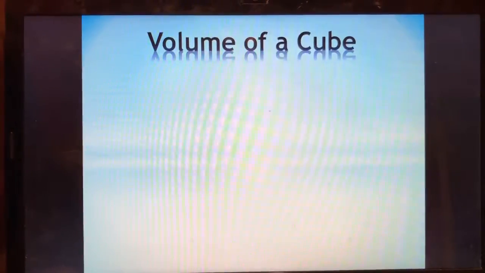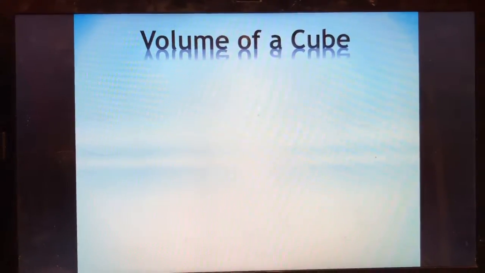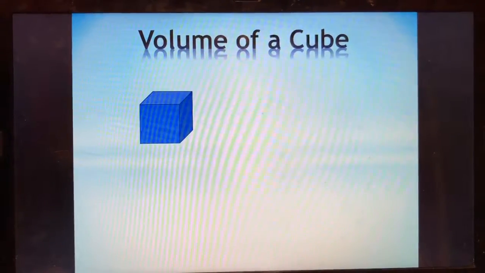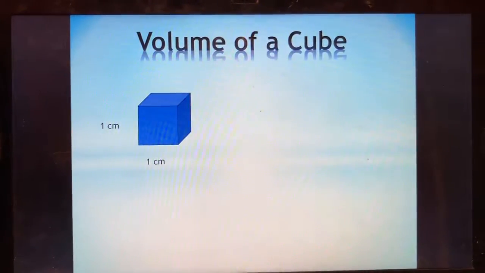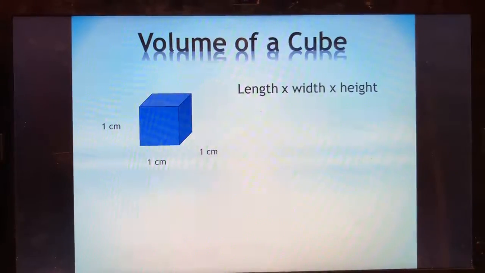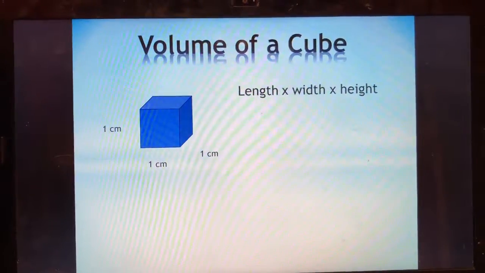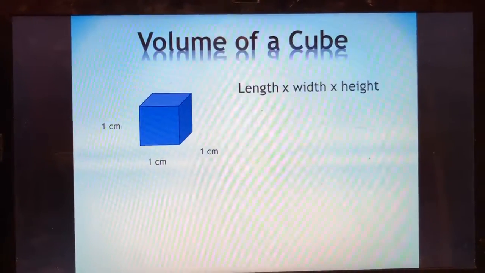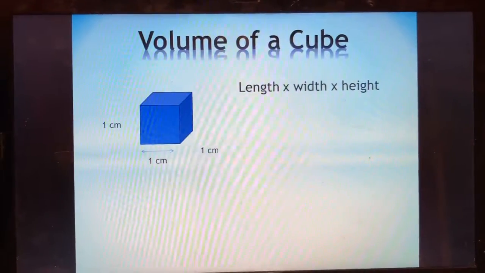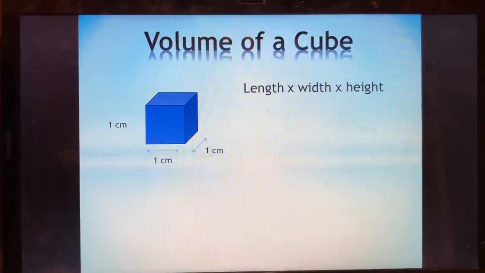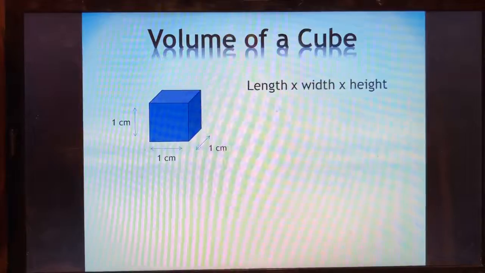So if we look at the volume of a cube, we have this cube here, and we're going to use the same formula, length times width times height, and we see that our length is 1, our width is 1, and our height is 1.